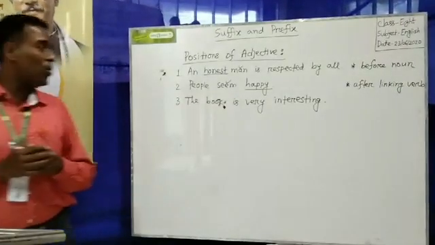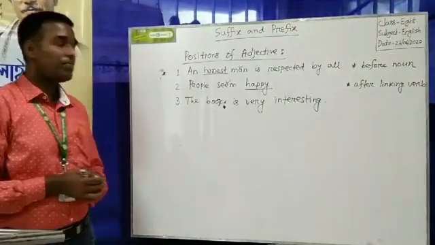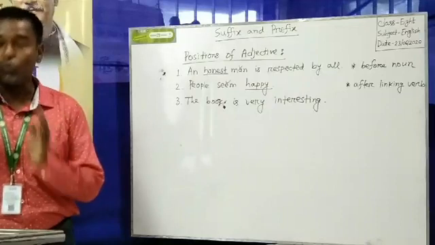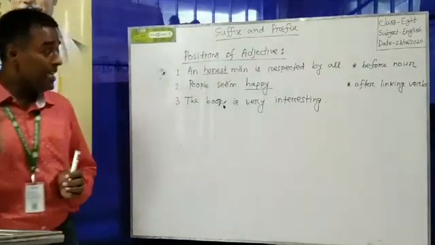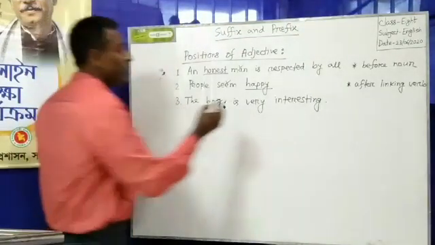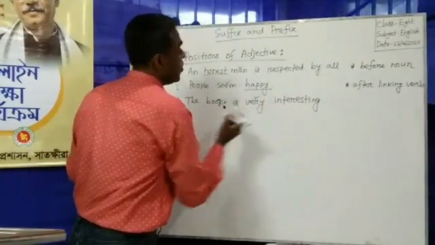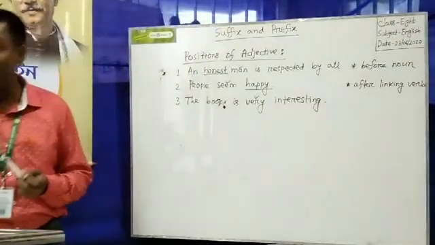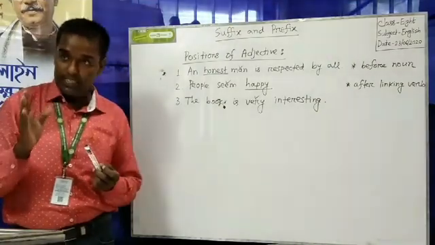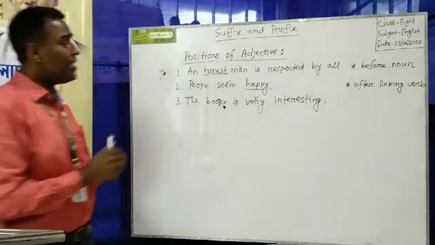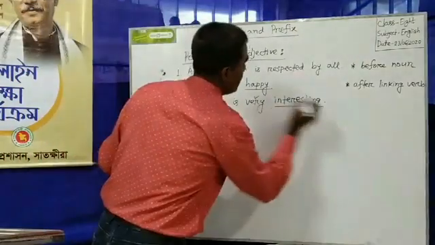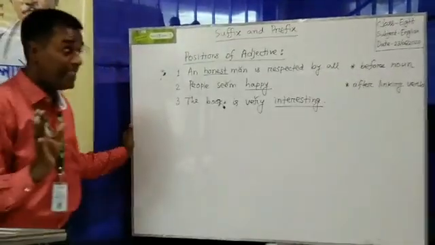Now, we are going to look at the last one. The book is the subject, is the verb, very. Which part of speech is very? Yes, very is an adverb. And here interesting is an adjective.